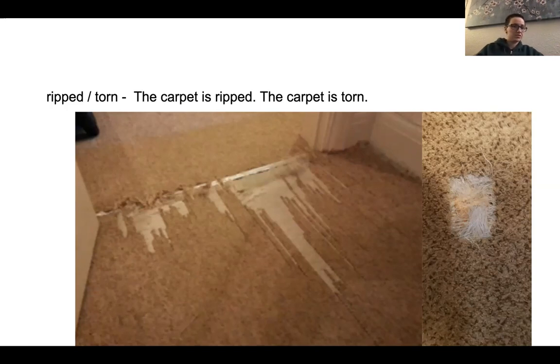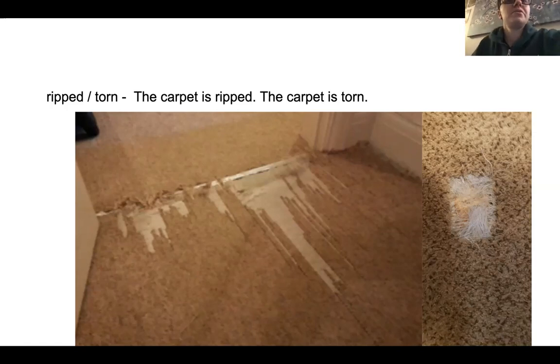Paper products also. So if I had a piece of paper, oh, do I have a piece of paper? I can get one. Aha. So paper products, let me find one that doesn't have anything on it. So the paper is ripped. The paper is torn.